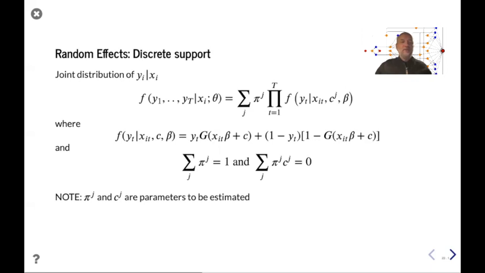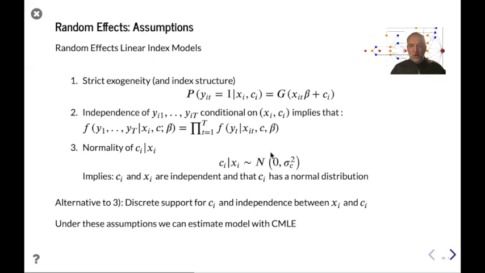So how do you calculate then the joint density? Well, we have the joint density for the sequence of y, where we were conditioning on C_i. This we have fully specified, because essentially this here is just going to be G times the indicator for y being equal to 1, plus 1 minus y times 1 minus G. So that's what f is, just as usual.